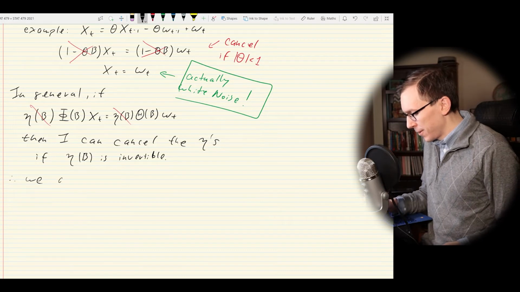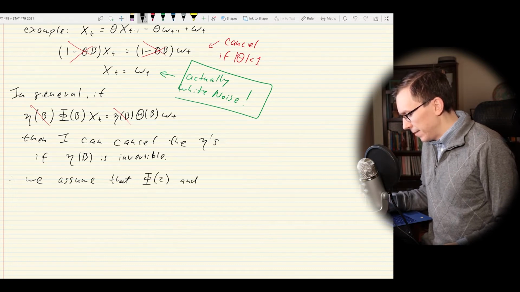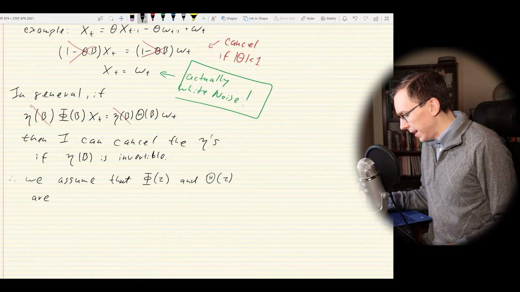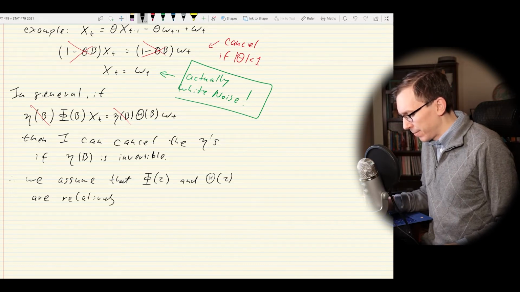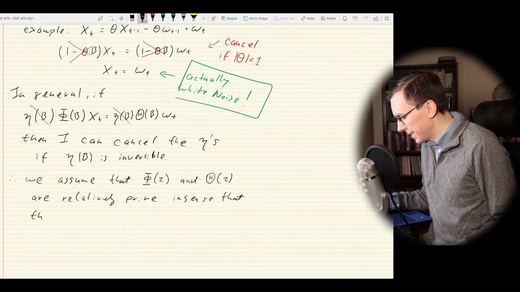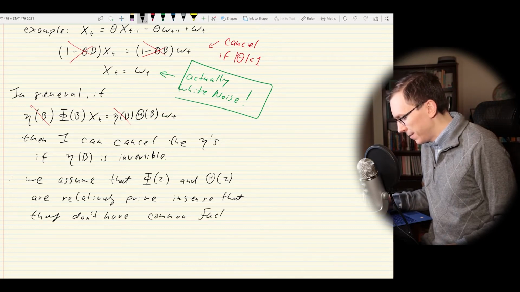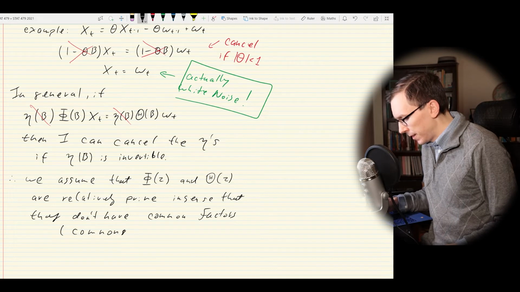That means, therefore, we assume that phi of z as a polynomial and theta of z are, I'll say, relatively prime in the sense that they don't have common factors, or in this case, common roots.